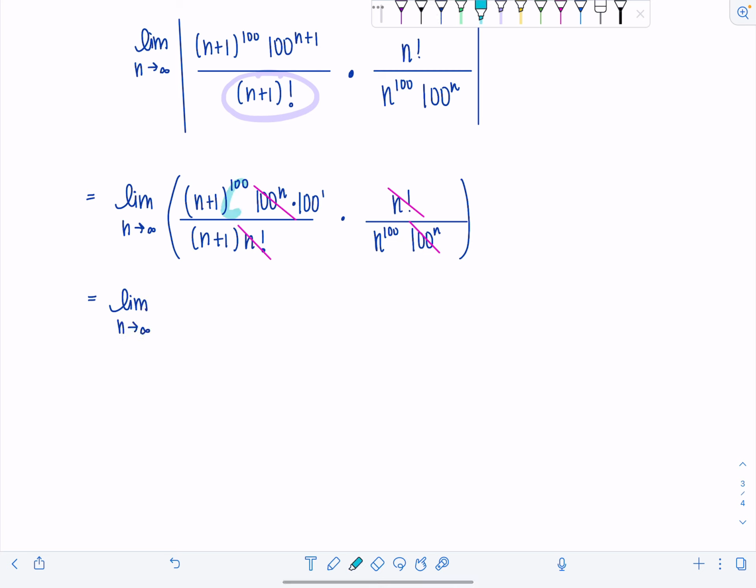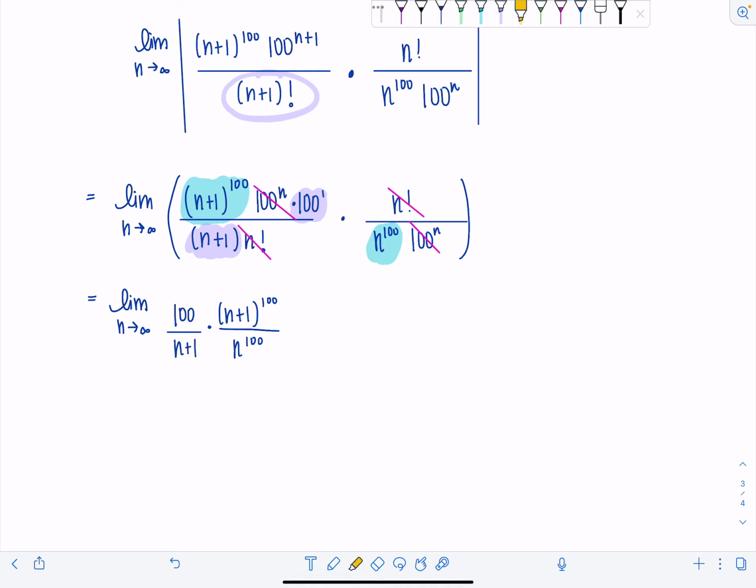And notice here we have n plus 1 raised to the 100 and then n raised to the 100. So let's put those nearby each other. N plus 1 to the 100 over n to the 100. And then who else is left? 100 and n plus 1. Okay, so we still have 100 and n plus 1.